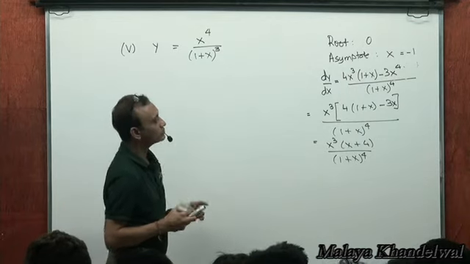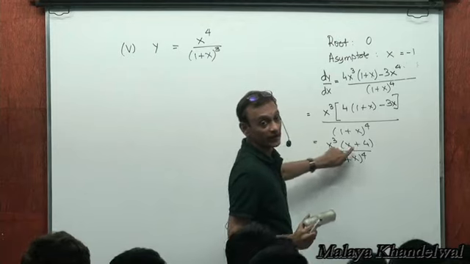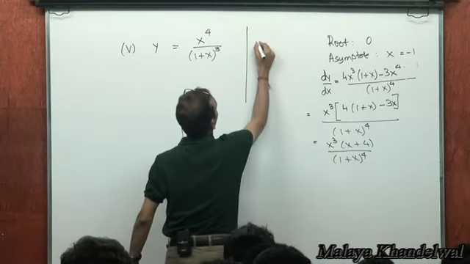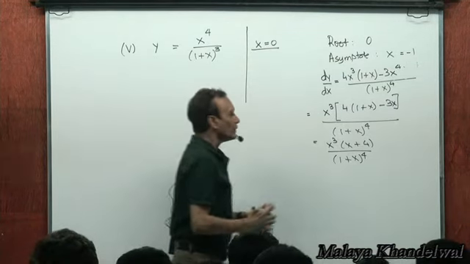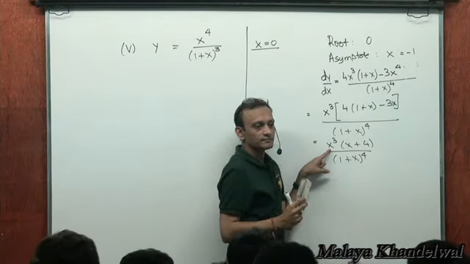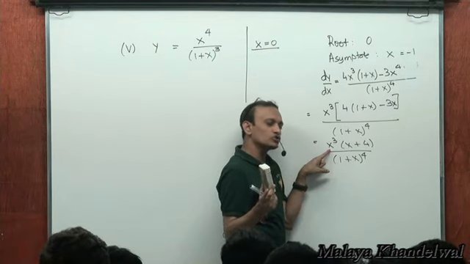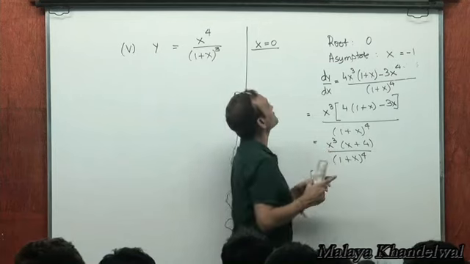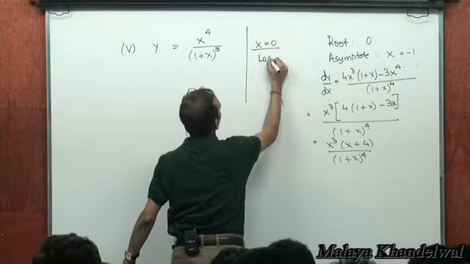Now, dy dx is becoming 0 at x equal to 0 and at x equal to minus 4. Now, what about x equal to 0? When x is slightly less than 0, this will be negative. When x is slightly greater than 0, it will be positive. So, x equal to 0 must be a local minimum, isn't it? Right? X equal to 0 turns out to be a local minimum.